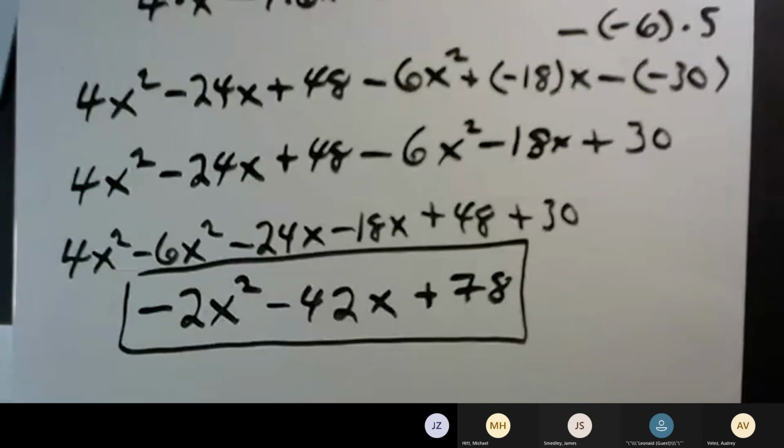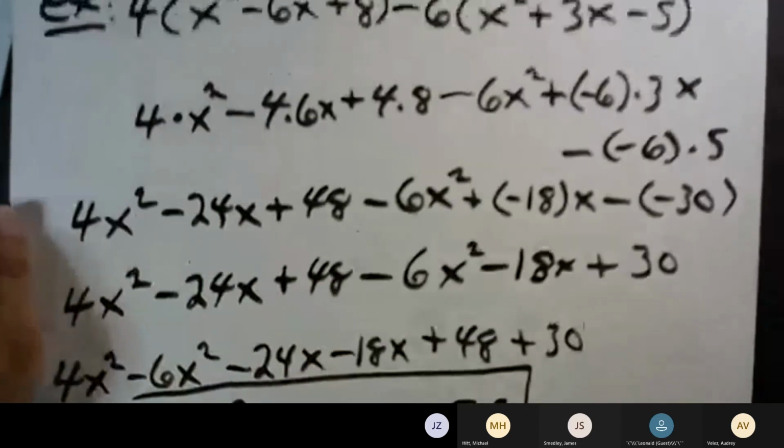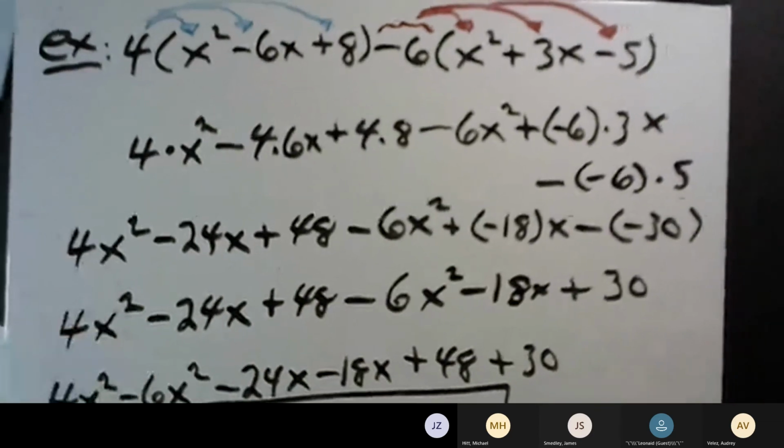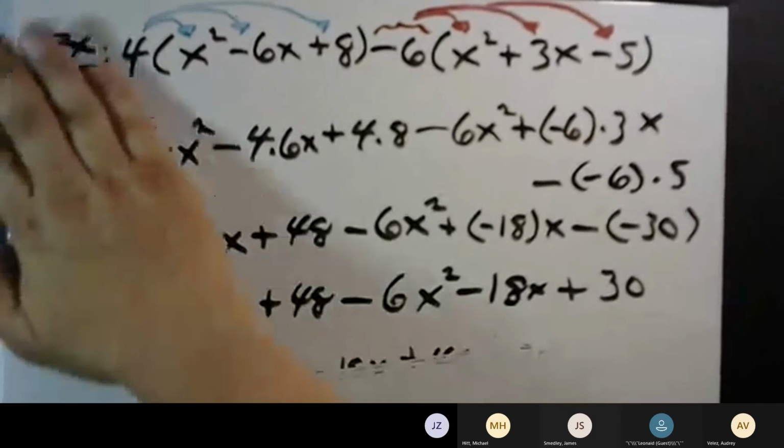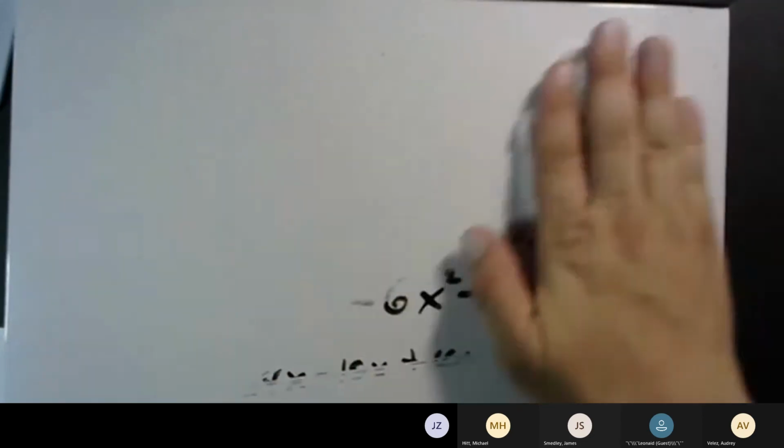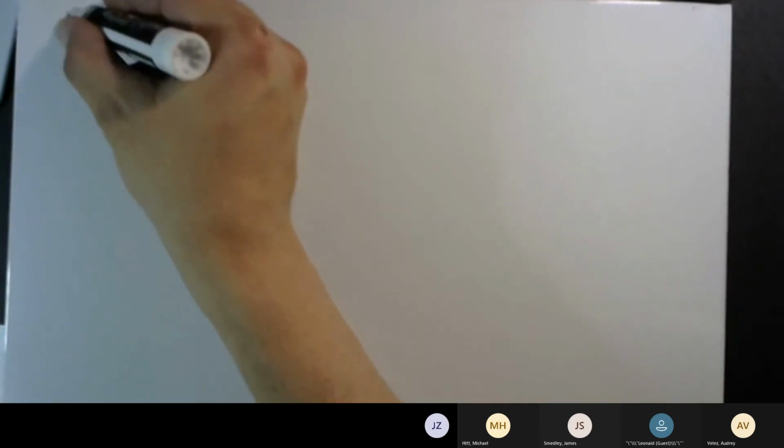So now we're going to start talking about solving for x. So that's the idea of simplifying, distributing, gathering like terms. So now we're going to look at solving. And we're going to be looking at equations.